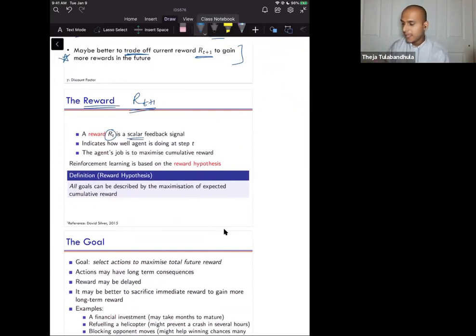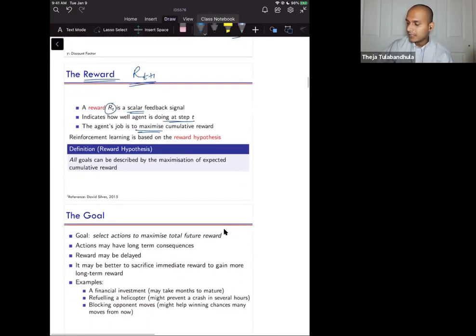Generally, they're random variables, but they could also be deterministic numbers, for example. And it basically indicates how well the agent is doing at a given time step. And the agent's job, as I said, is to maximize the sum of these numbers. Basically, you get one number per time index. Each one is just a random variable because it's not realized yet, and so you take an expectation.